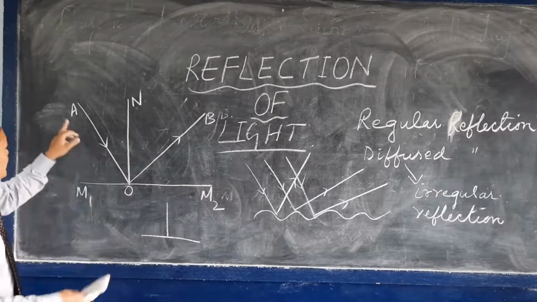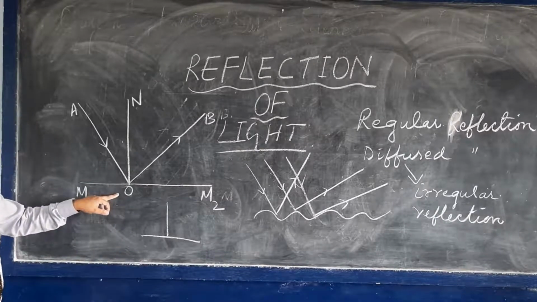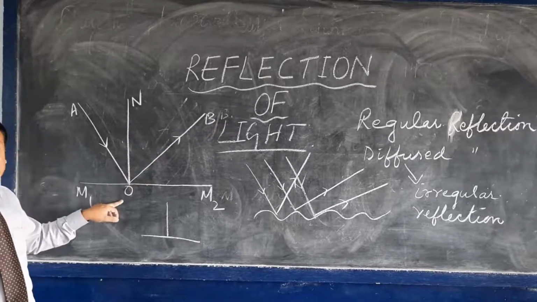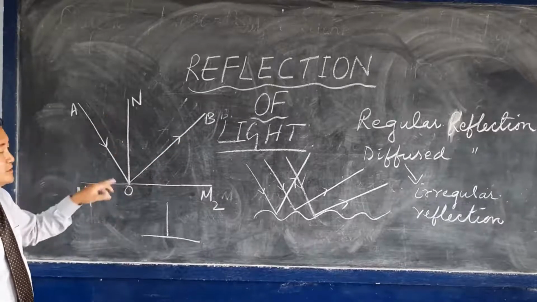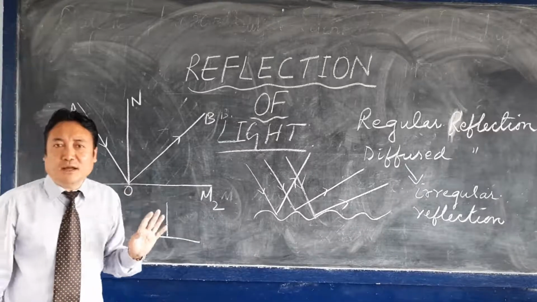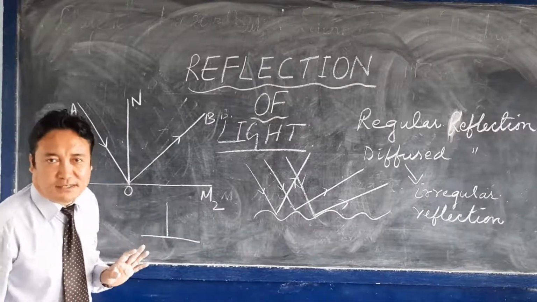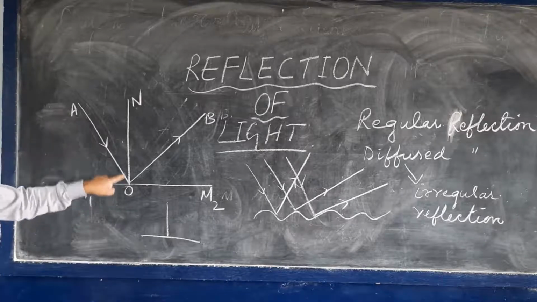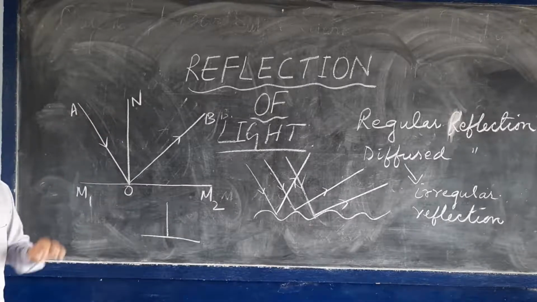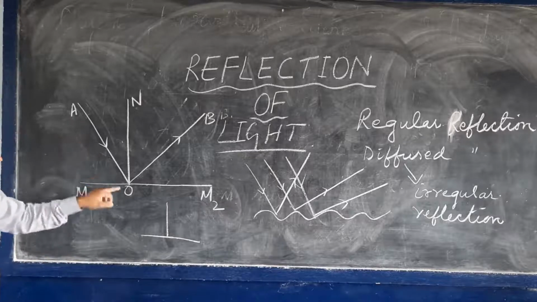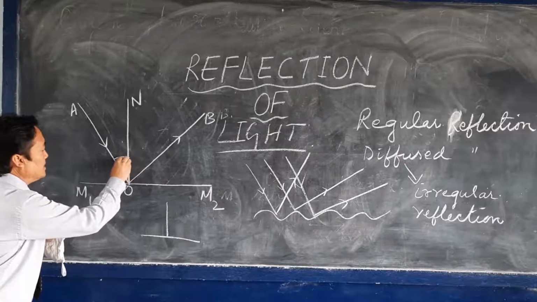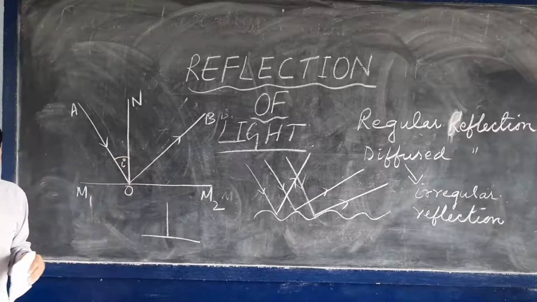So the first one is the incident ray, second one is the reflected ray, third one is the point of incidence, fourth one is the normal. The fifth one is the angle of incidence. Angle of incidence means the angle made by the incident ray with the normal, which is denoted by small letter i.